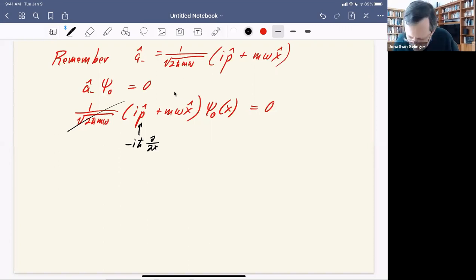So this equation is saying that i times negative i, that's 1, right? So h bar d by dx plus m omega x acting on psi 0 of x is equal to 0.